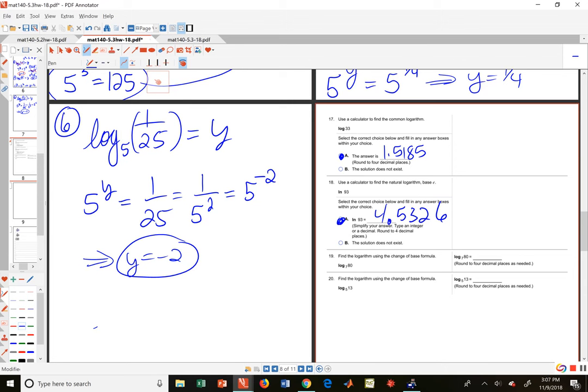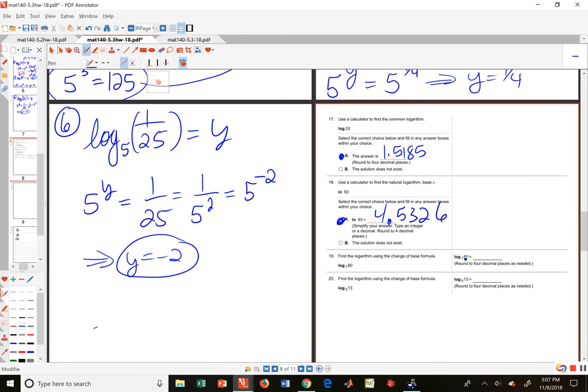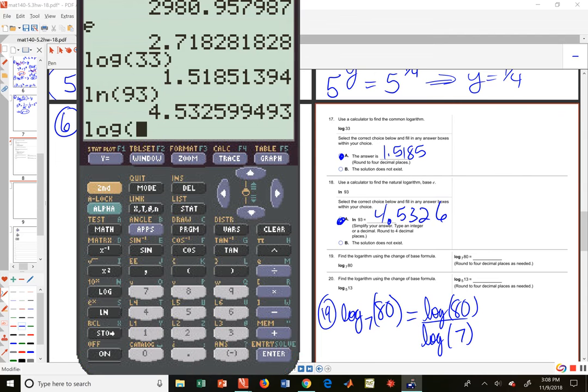The last two, we actually started with this in the previous video, the change of base theorem. We actually don't have a log base 7 on our calculator, so this really comes in handy. So let's do number 19 here, log base 7 of 80. Now, what you do is you convert it to the common logarithm by the change of base formula. So you take the log of 80, you divide it by the log of 7. Let's actually do it on the calculator.